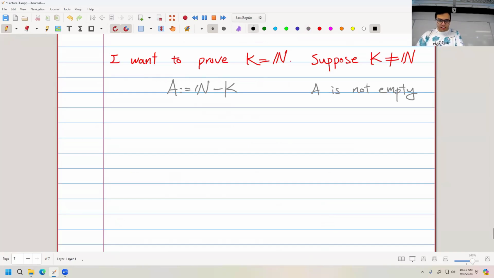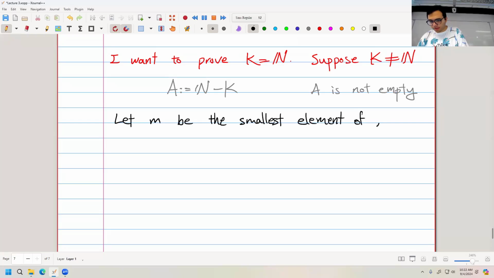So I can say let M be the smallest element of A. Do you see the contradiction already? So what happens if I look at M minus 1?